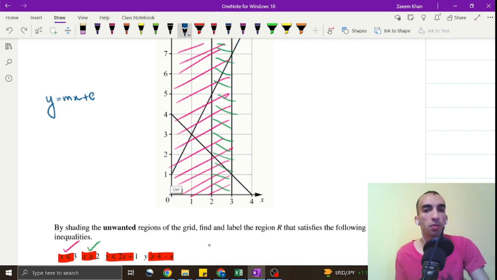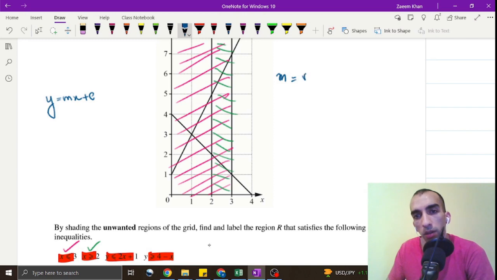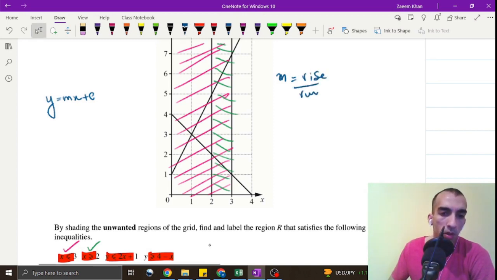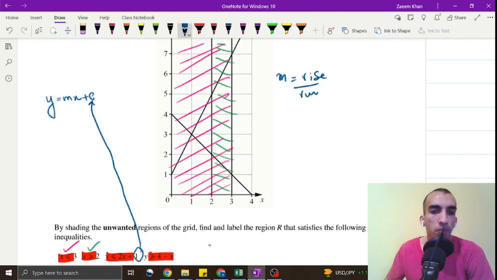Perfect. How did you figure it out? Okay, so were you using the concept of slope, which is rise over run? Okay, well done. An easier thing would be to just identify that c is equal to 1. What does c represent? Y intercept.